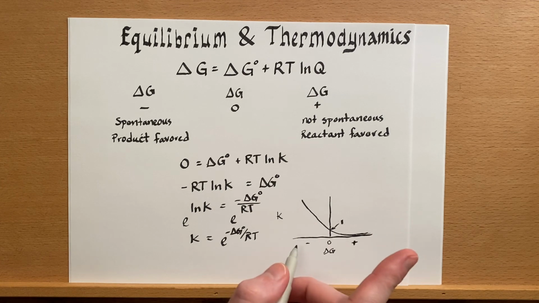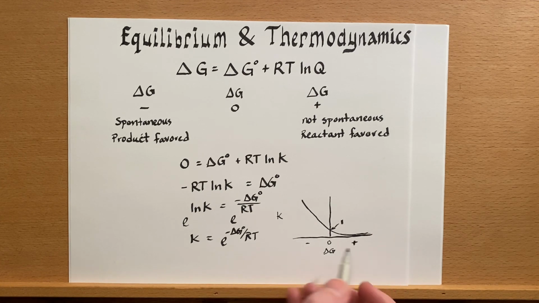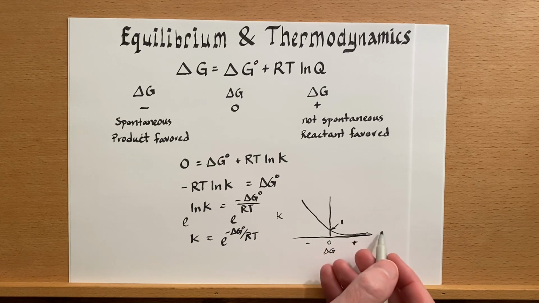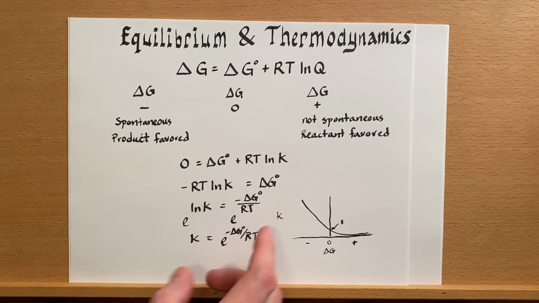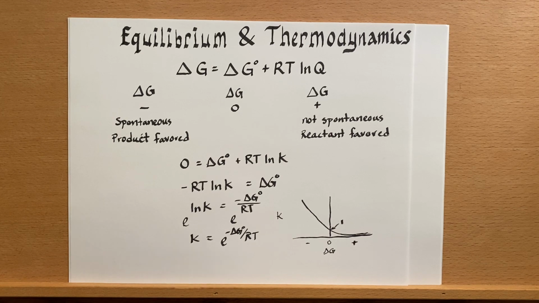Now, again, K is never negative. This stays above 0 right here. It can get very close to 0. Some reactions are not very product favored. Some of them have K's that are 10 to the minus 30. That is a very small number, but it is still positive. And then, of course, you have reactions that have K's in the hundreds or thousands or millions.